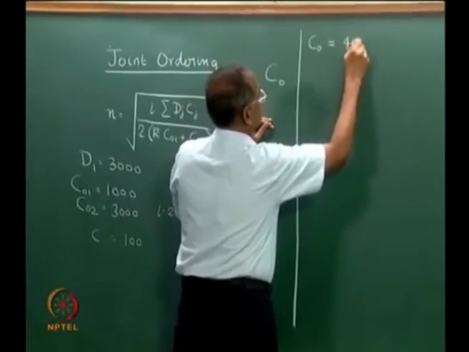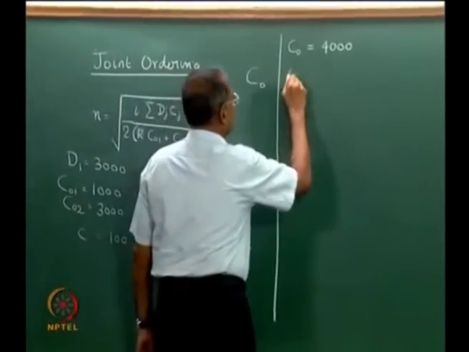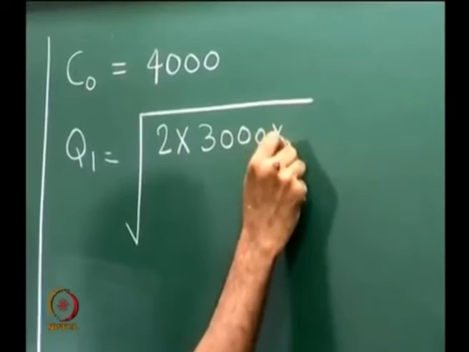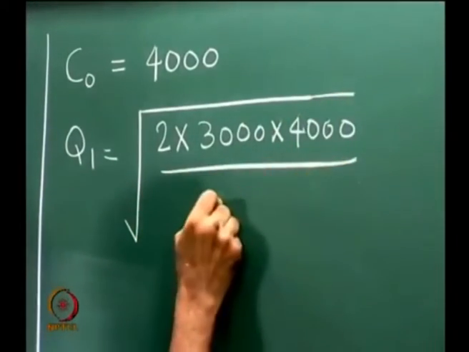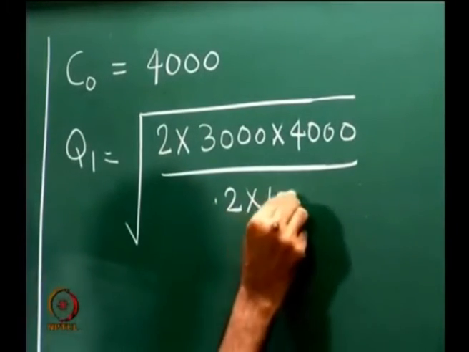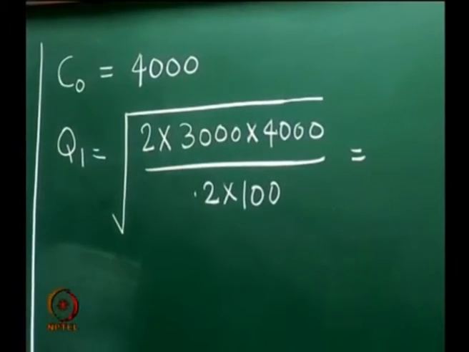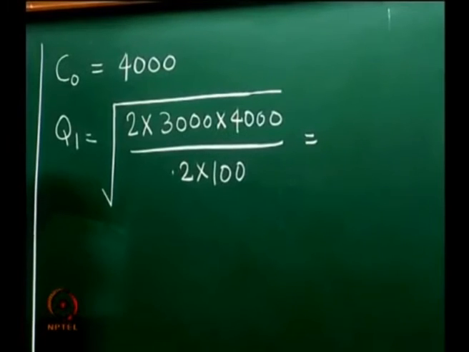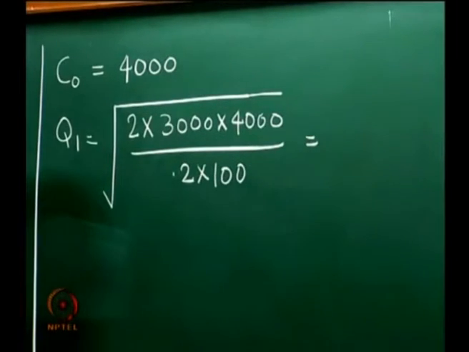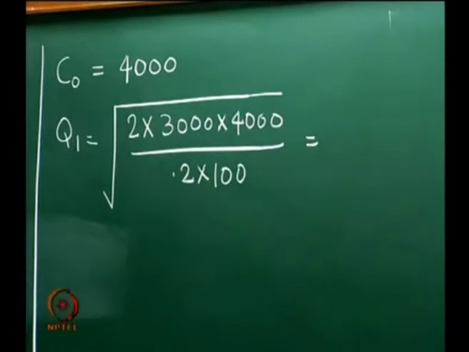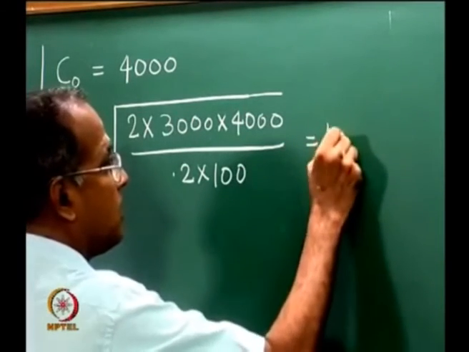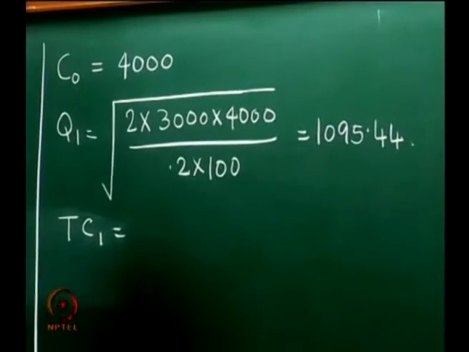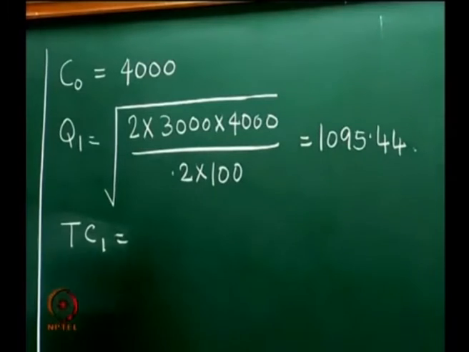So C naught will be 4000, and for the first item Q1 will be root of 2 into demand 3000 into 4000 divided by 0.2 into 100, which on computation becomes 1095.44, and the total cost TC1, which is the sum of order cost and carrying cost for this item, is 21908.9.